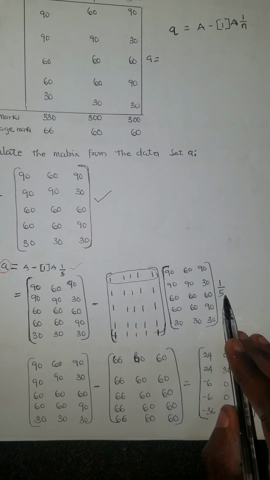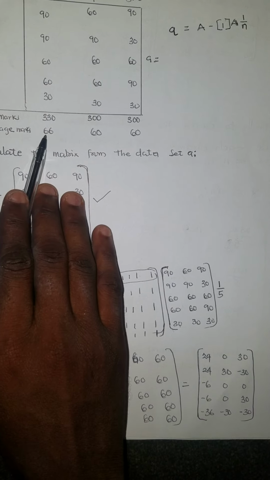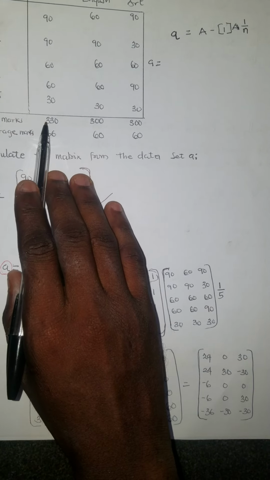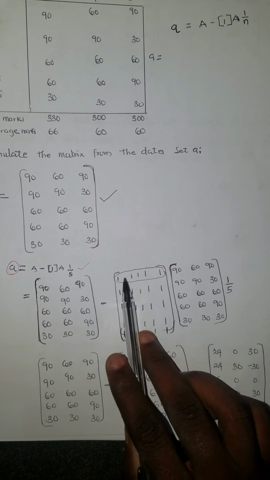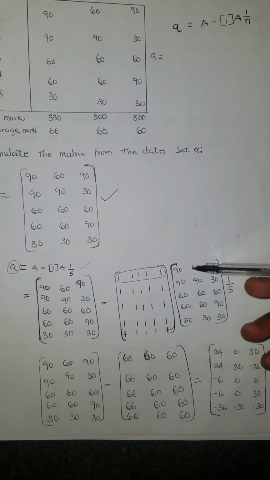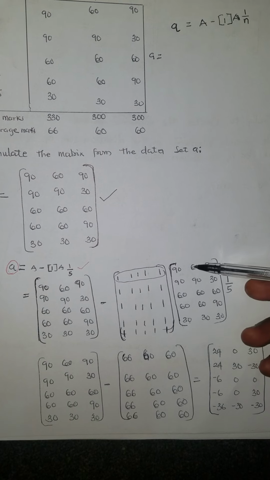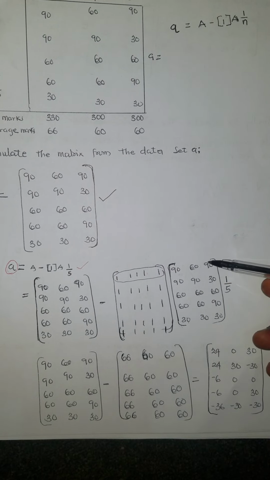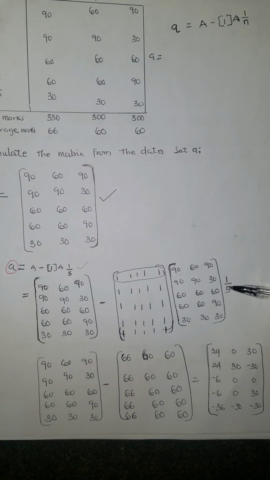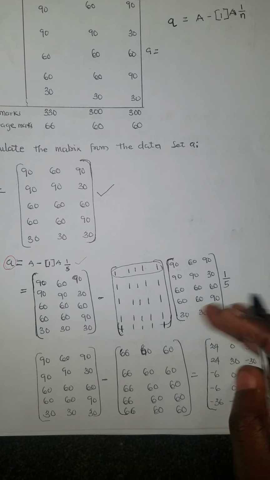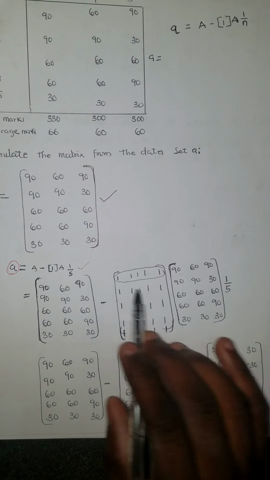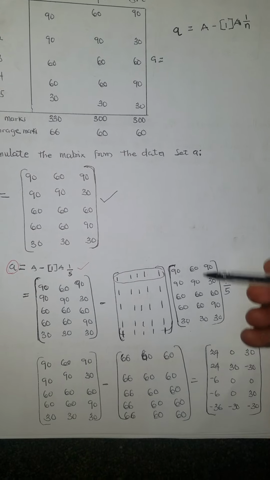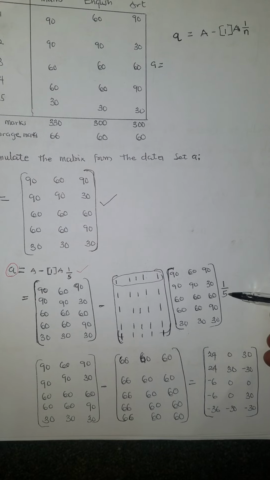Now 330 divided by 5 gives you 66. Now use the same thing to multiply this column, and you get 60. If you multiply this column and divide it by 5, you get 60. What I'm saying is that in matrix multiplication, you pick this row, multiply it by all the columns here, and divide it by 5.